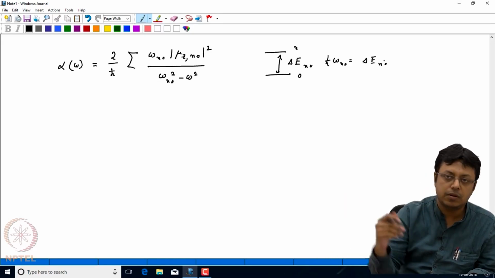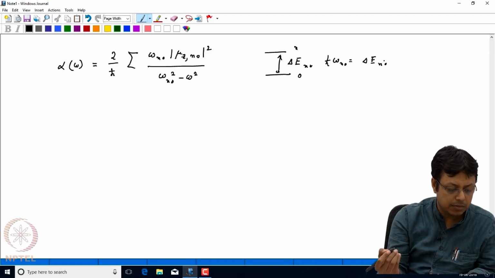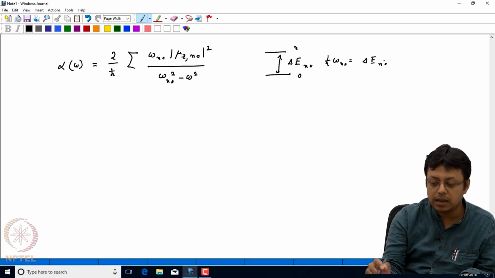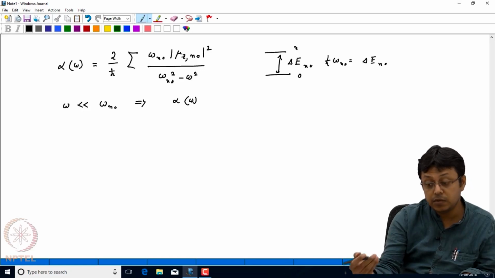Some picture we also drew for understanding when we talked about the origin of the name, why we call alpha prime the polarizability volume. Now we can make an approximation: if omega is too slow, if omega is much smaller than omega n0, then that will give me alpha of omega, which is frequency dependent.